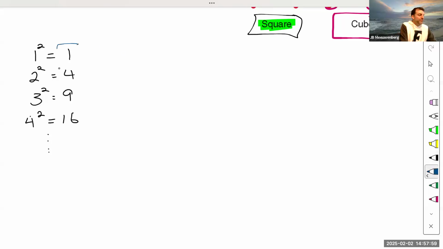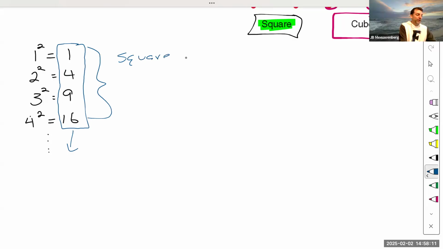These whole numbers, 1, 4, 9, 16, and so on, are called square numbers, or I prefer perfect squares. They're called perfect squares. And the reason is they can be arranged in a square.